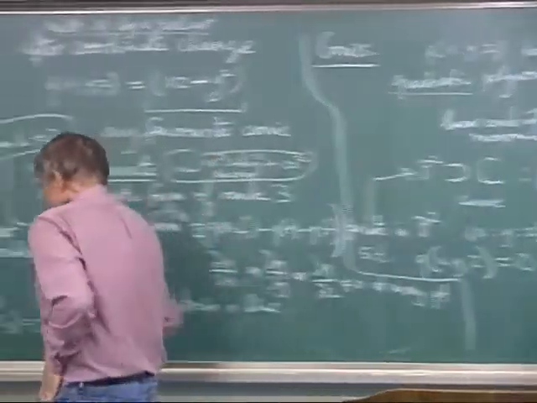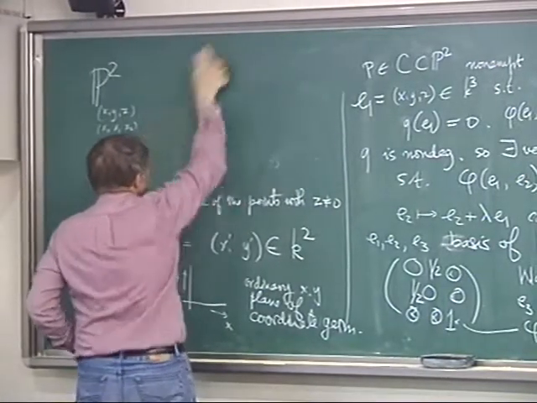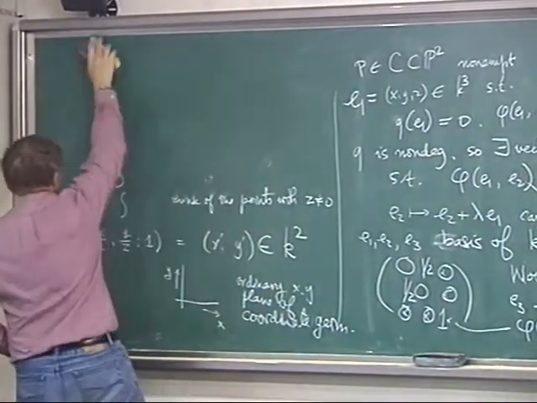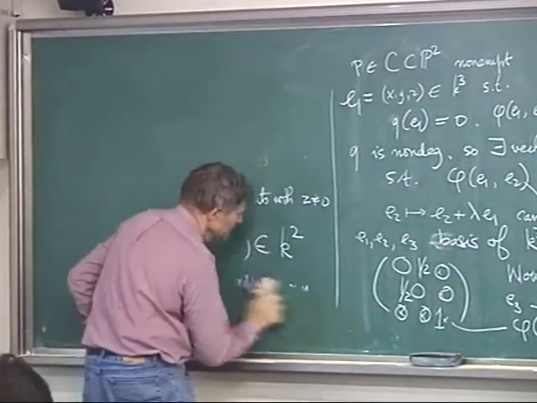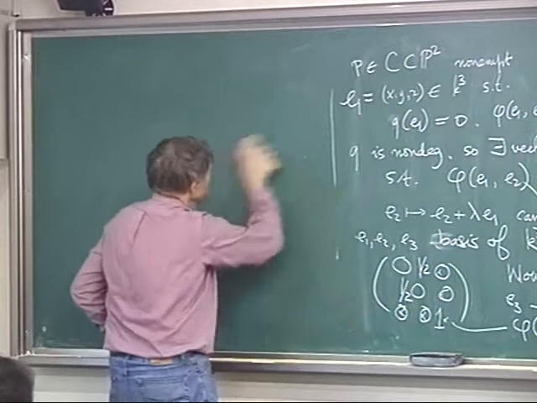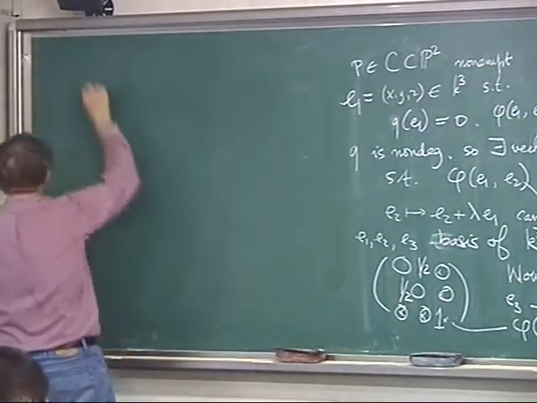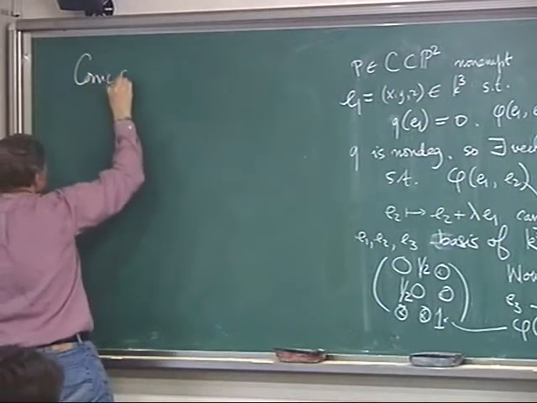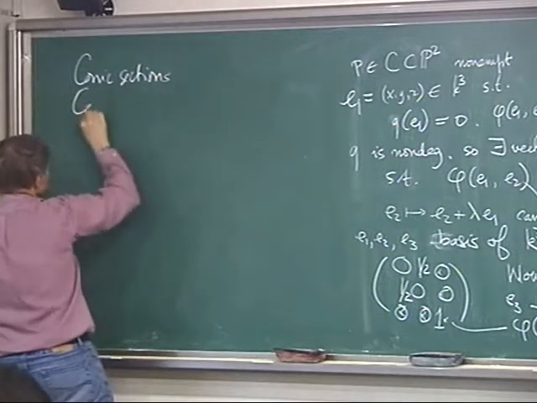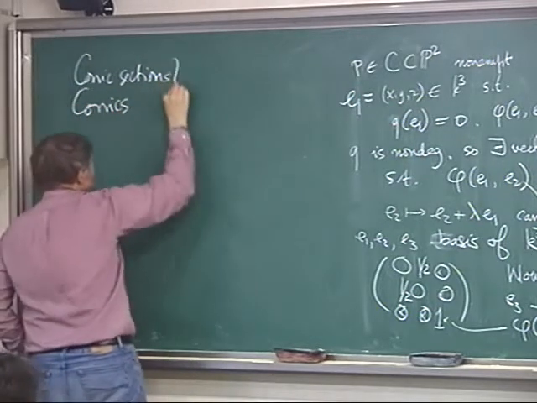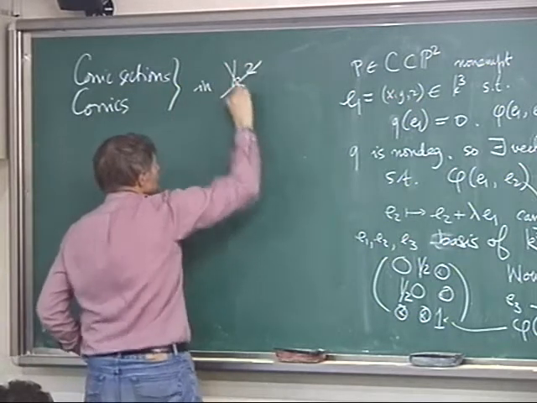Okay, so when you do school maths, or maybe first year coordinate geometry, I don't know if it's done in universities or in schools, but you do something called conic sections, or conics, in R2.